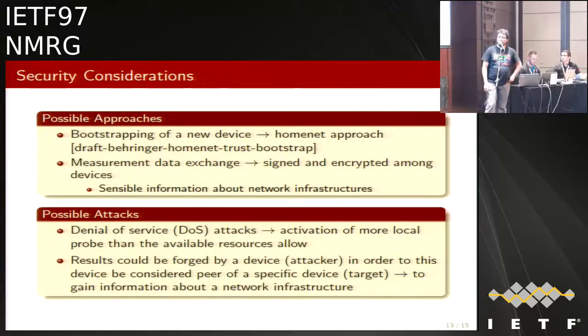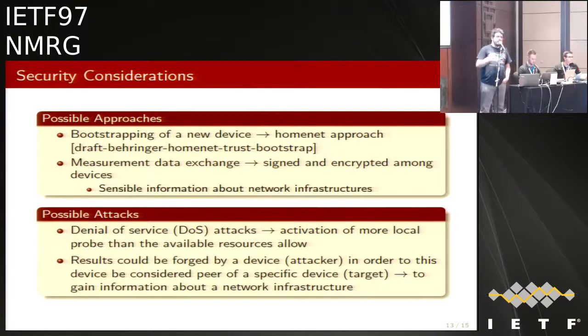And we also highlight some possible attacks for this autonomic solution, which are denial of service attacks, considering, for example, that you can make some devices in the network start to have a lot of measurement probes, and this can lead to starvation on the device or a problem in the performance of the device.